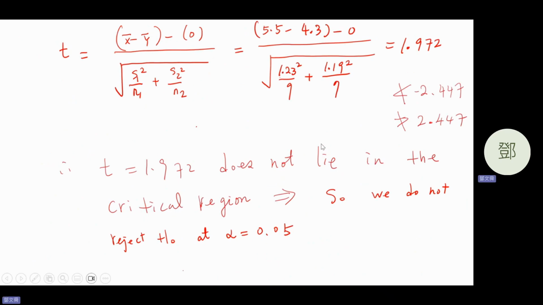And the test statistic does not contain only x bar and y bar. We have to standardize.